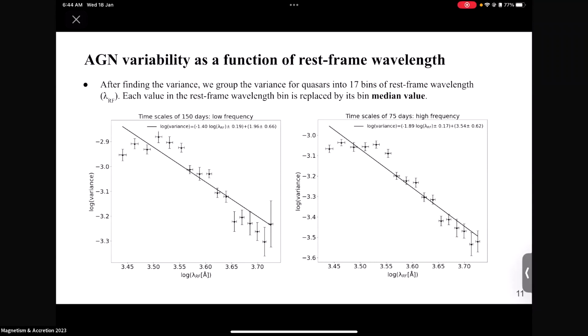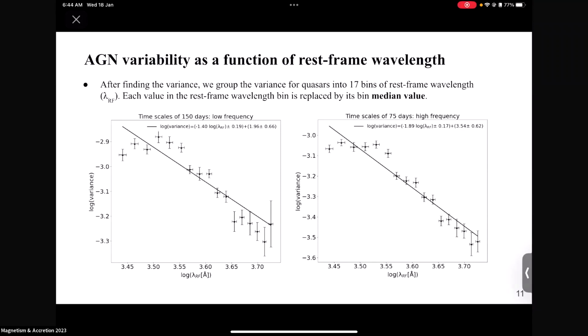We also perform linear regression for both time scale data. So here we find that the variance is anti-correlated with the rest frame wavelength for both time scales. Also, we find one interesting result, that the slope is steeper for the short time scale.